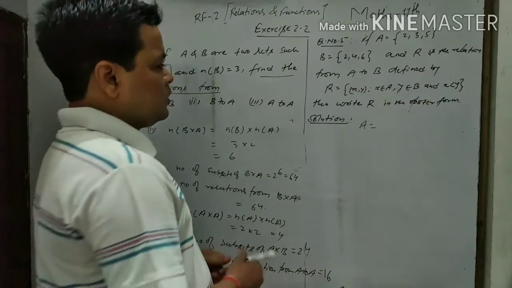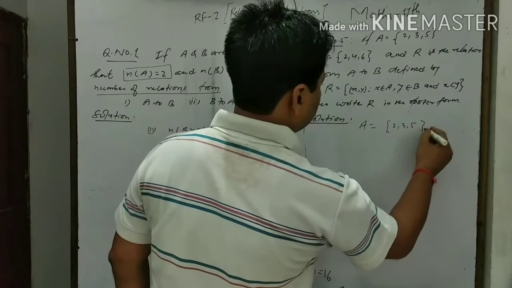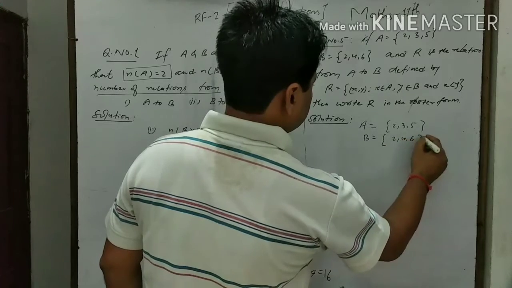So here A is given as 2, 3, 5 and B is 2, 4, 6.